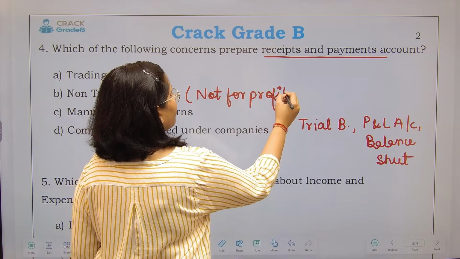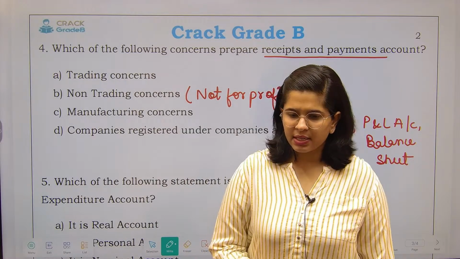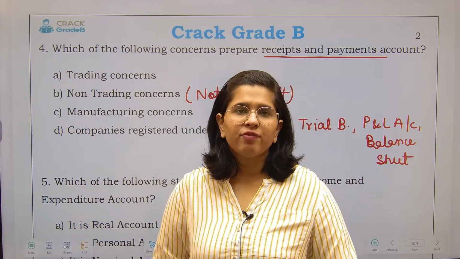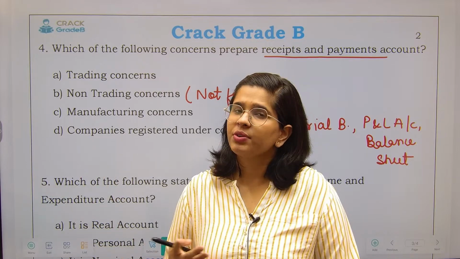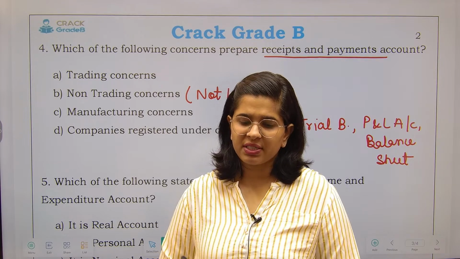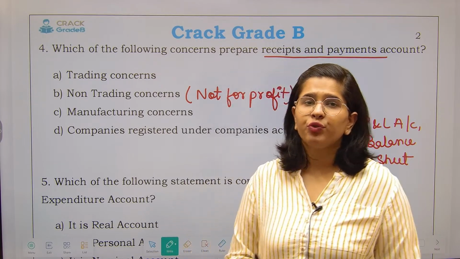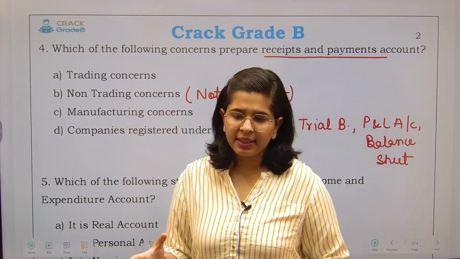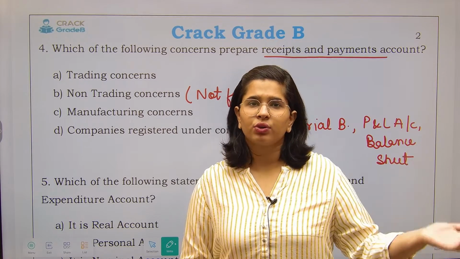who are operating for welfare objectives, they prepare the receipts and payments account, right? Why do they have to prepare it? Because they take donations from different individuals. They take the funding, they take the donations from a different set of individuals, and that is why they also have to show what receipts they have got and how they have utilized the funds out of it.